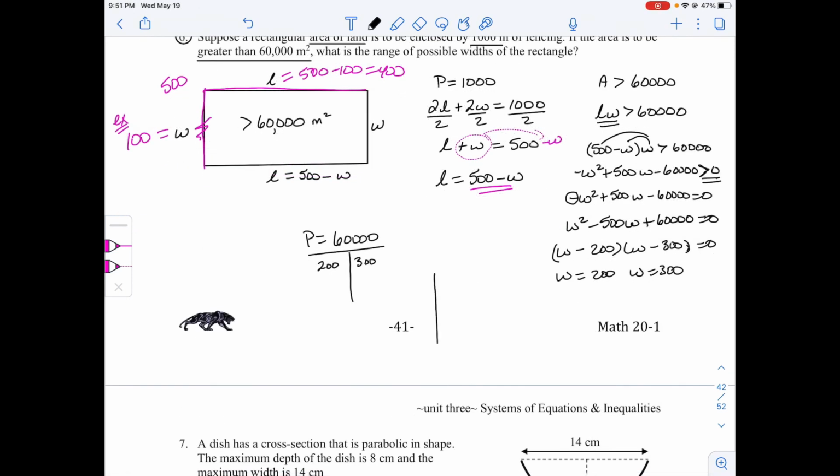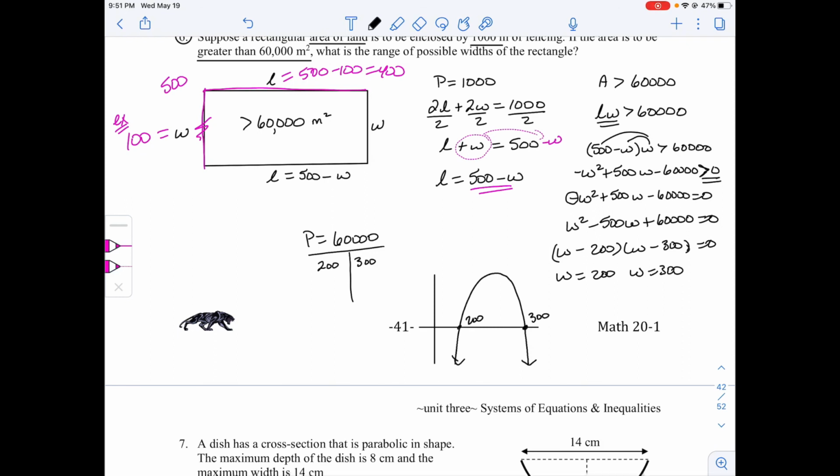Okay, so let's just do a quick sketch, nothing fancy whatsoever. We know that this is a downward opening parabola because the A value was negative. And so it's something like this, where one of our roots was 200 and one of our roots was 300.